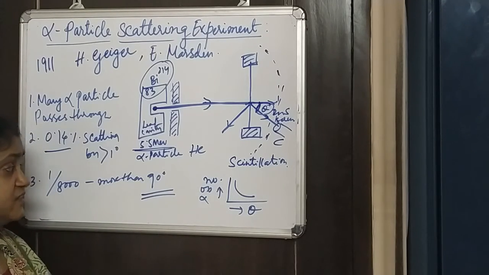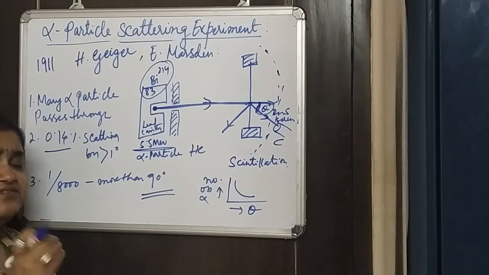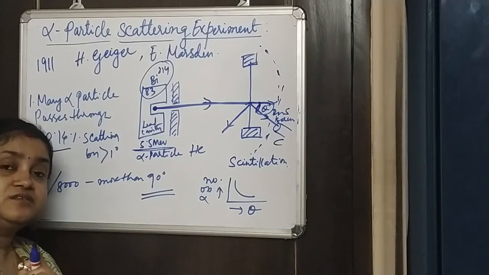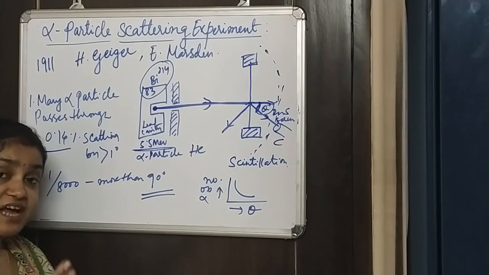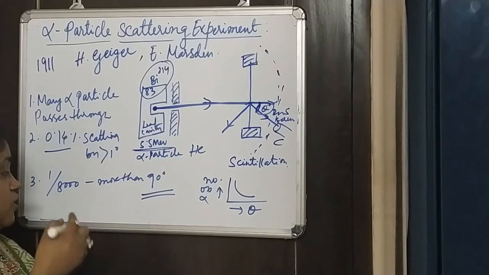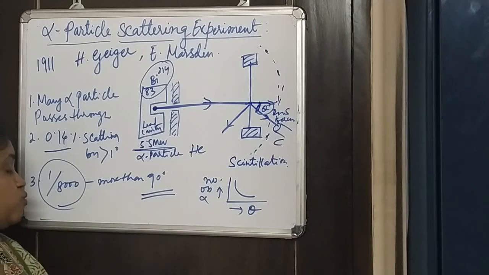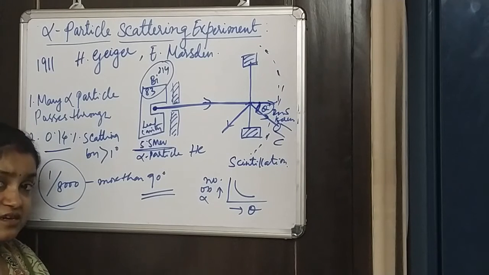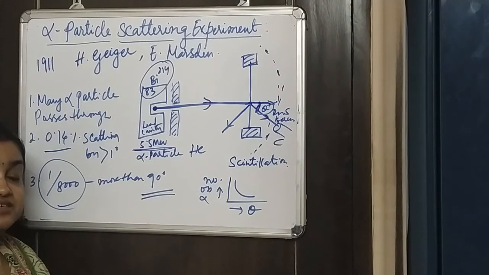Out of those, a very negligible number had a scattering of more than 90 degrees, and the amount is 1 in 8,000.